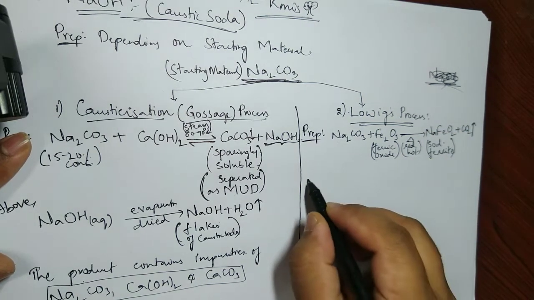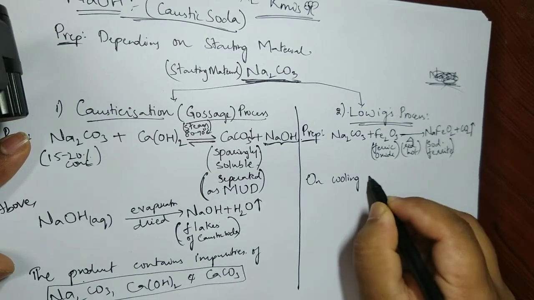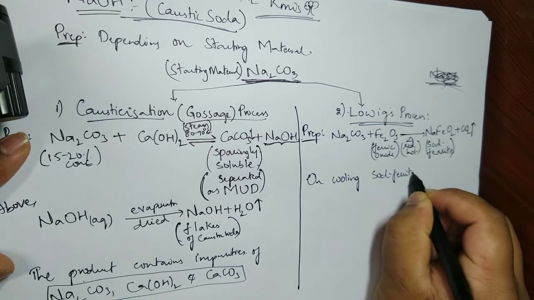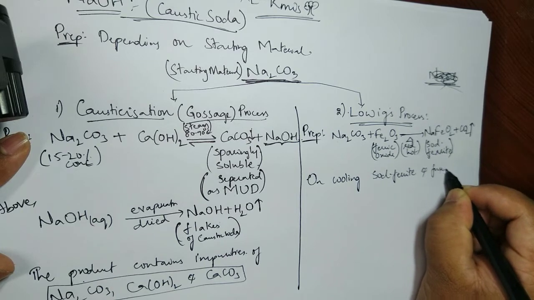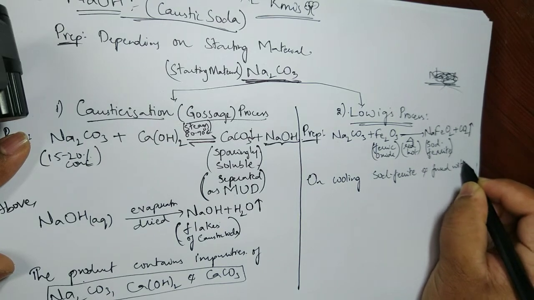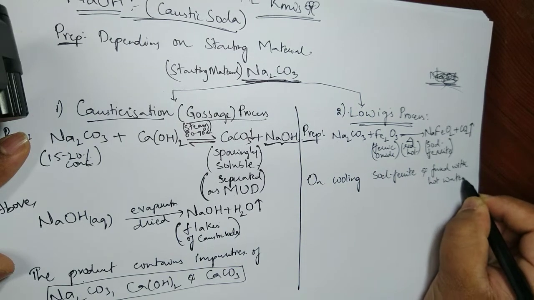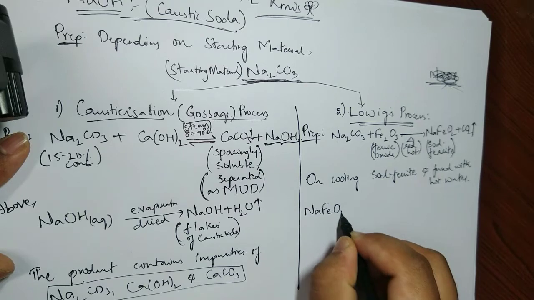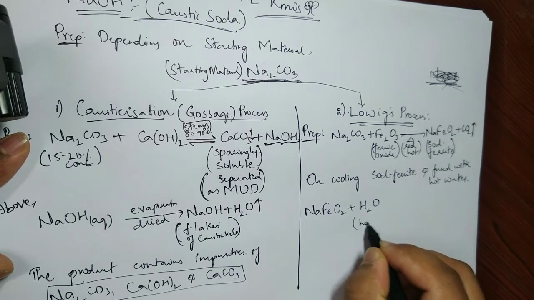So on cooling, sodium ferrite is treated with water, hot water. The scenario is something like this: NaFeO2 plus H2O, hot.